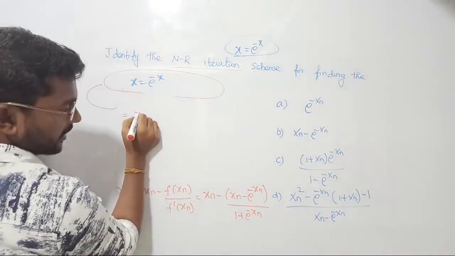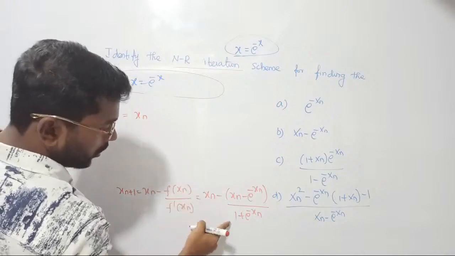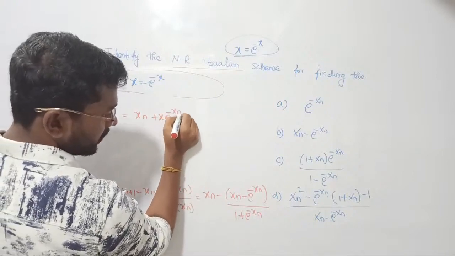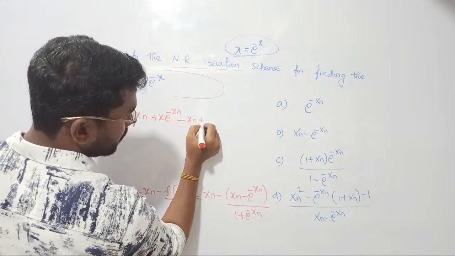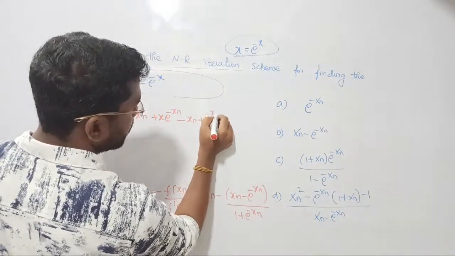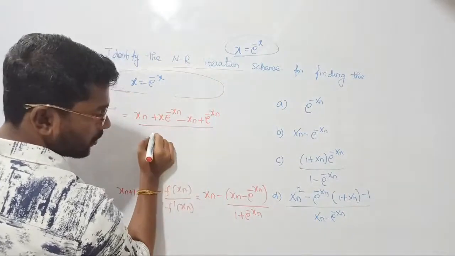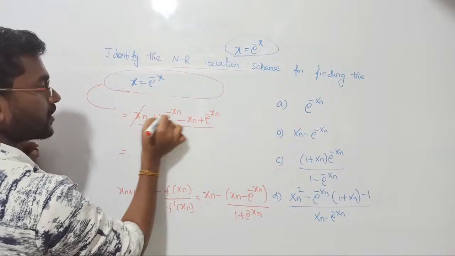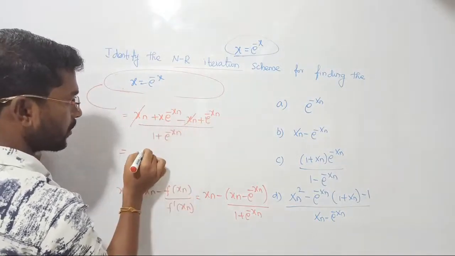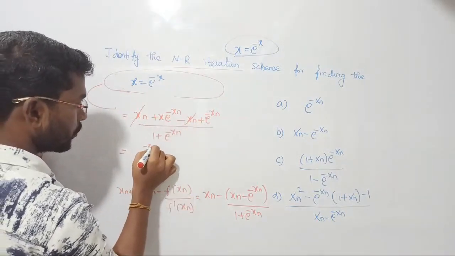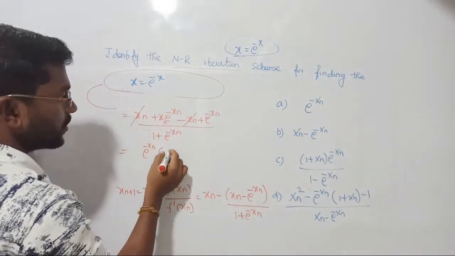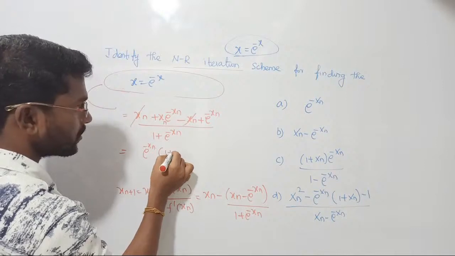Do the cross product: xn into 1 into xn plus xn into e power minus xn minus xn, minus into minus plus e power minus xn upon 1 plus e power minus xn. Correct? Anyway, these two terms are getting cancelled. You can take e power minus xn outside. This is xn, right? That is going to be 1 plus xn, right?